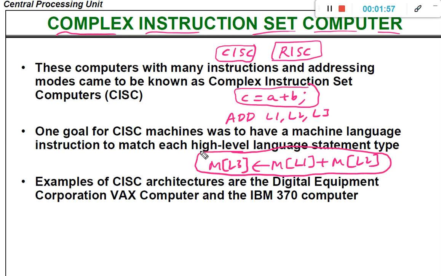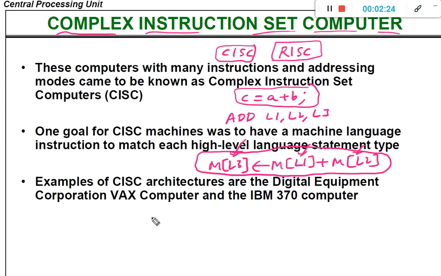So such statements will be available in case of the complex instruction set computer. Here you can see that we are directly accessing the content from the memory location. We are not using registers and directly storing the contents inside the memory location. Coming to the examples of the CISC architecture, there are two different computers which implement the CISC architecture.